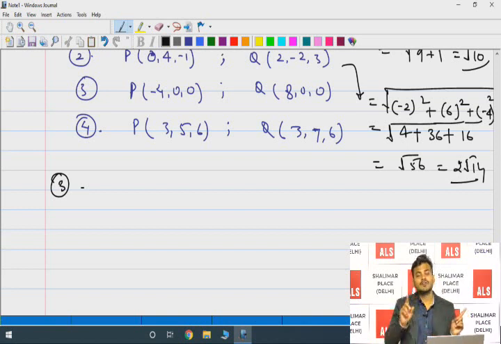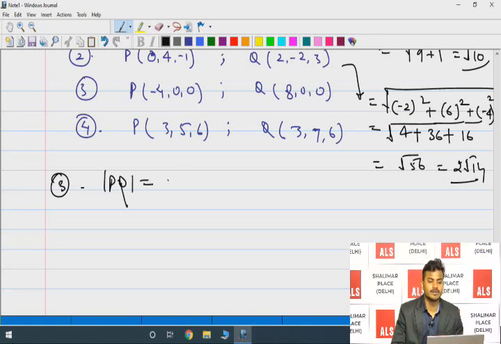We have 8 comma 0, which is again over the x-axis but on the positive side. So this is the origin, we get 8 here and minus 4 here. At the end they are going to add, so the total distance will be 12. Graphically you can find out that the distance would be 12, and by the formula also you will get the same answer, 12.